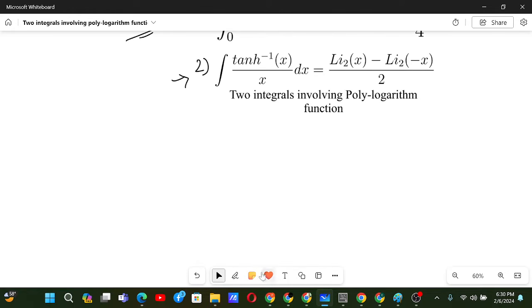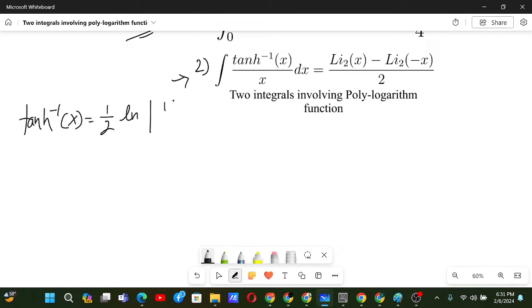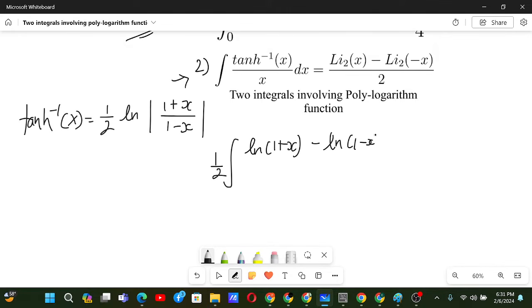For the second one we also need the logarithmic expansion of tanh inverse x, which most of you might know is 1/2 ln of (1+x)/(1-x). With that tool set, the integral becomes 1/2 times (ln(1+x) minus ln(1-x)) divided by x.